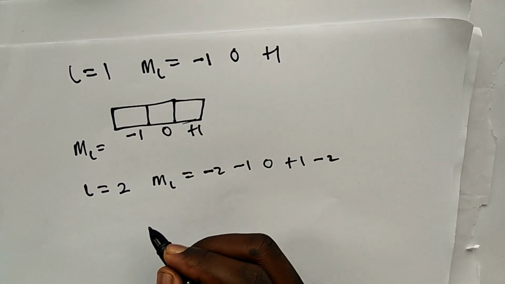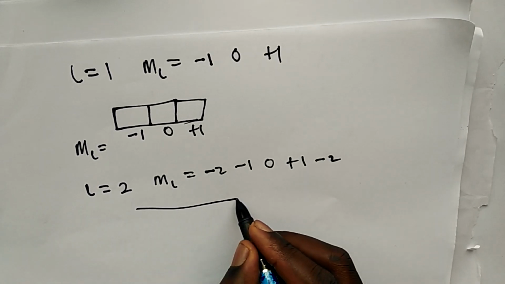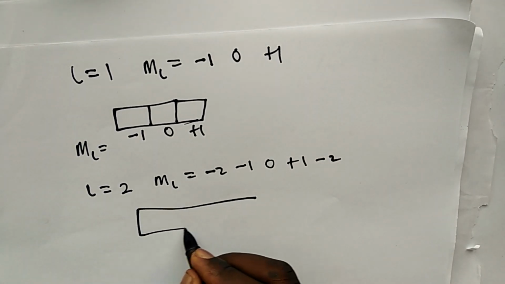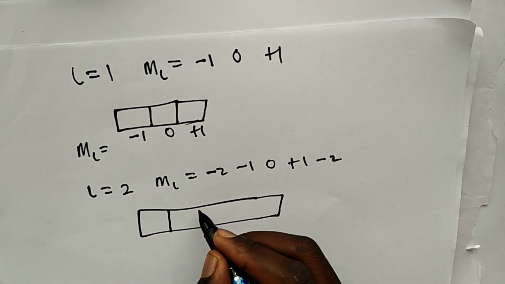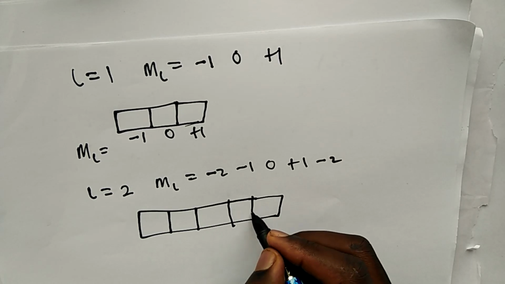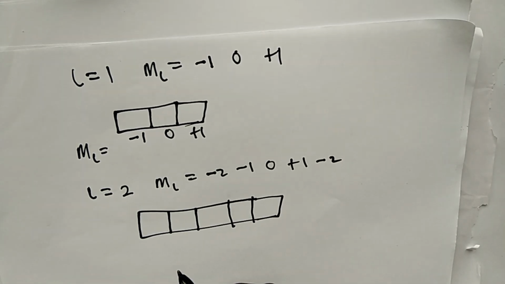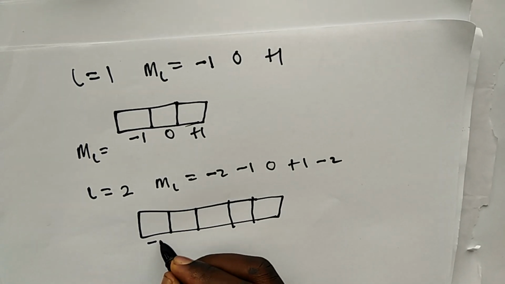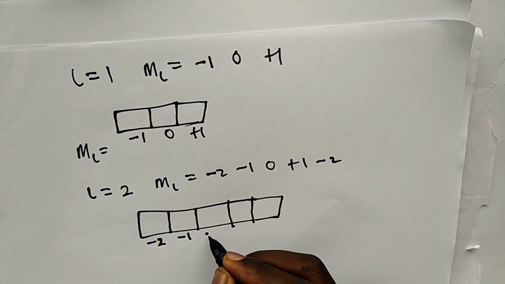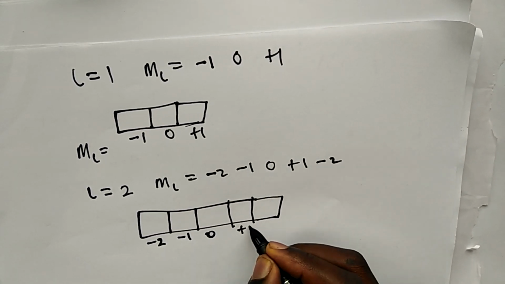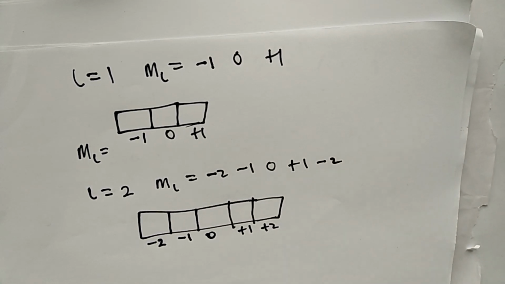So we'll draw the orbital diagram of D. It has 5 degenerates, 1, 2, 3, 4, 5, and this will be minus 2, minus 1, 0, plus 1, plus 2 for ml.